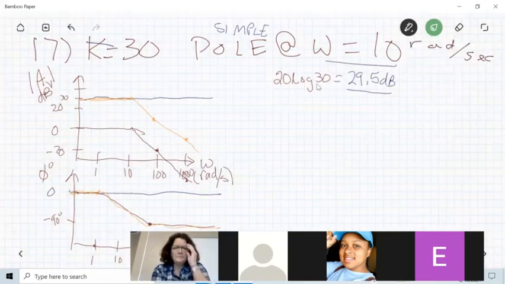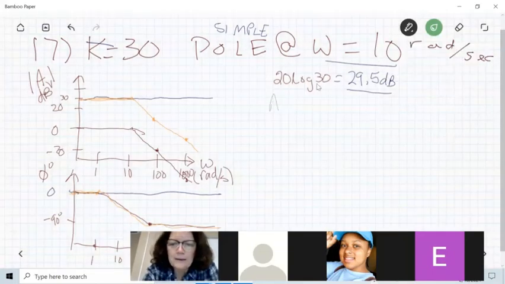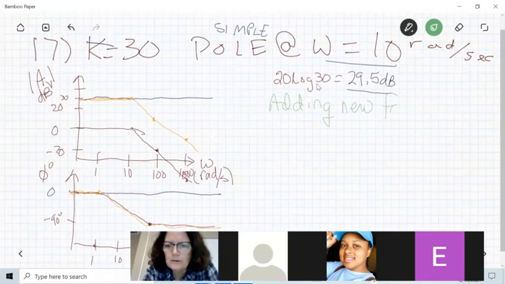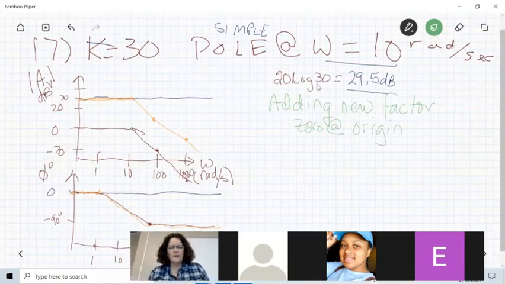Okay. So I'm adding in, same thing I had before, a new factor, which is the 0 at the origin. A 0 at the origin is not the same thing as a 0 at omega equals 1.